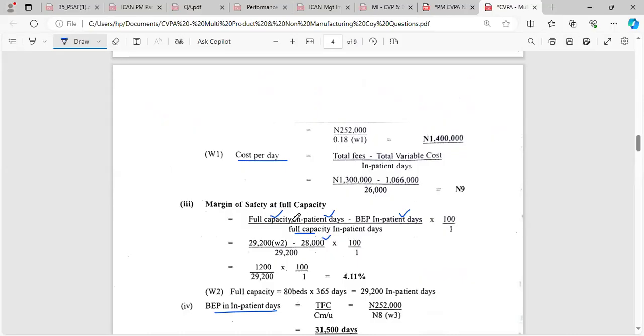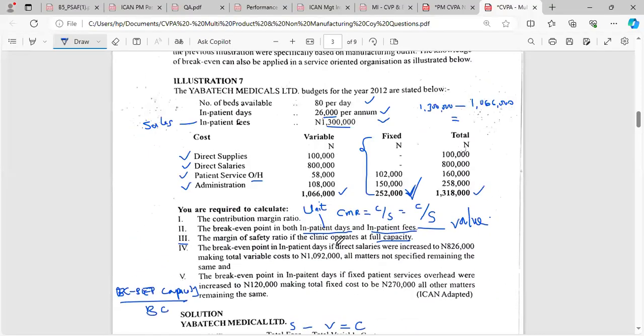What is full capacity? It means if the hospital runs at full capacity, that is to say, they use all their beds, people come in full time for 365 days. Remember that they have 80 beds in a day in the question. If they use these 80 beds for 365 days, their full capacity is going to be 29,200 inpatient days. Let me show you.